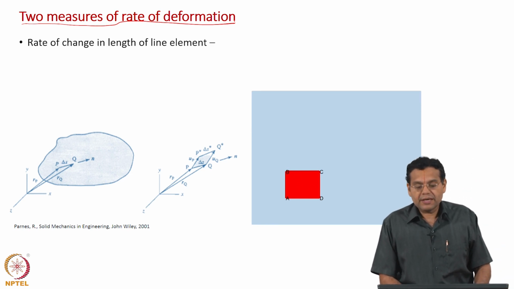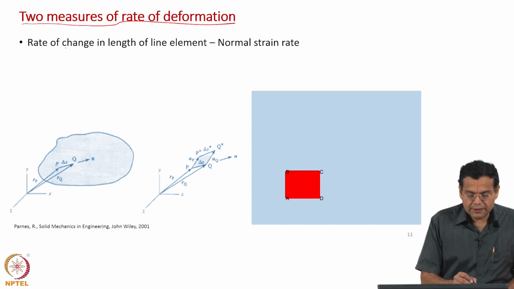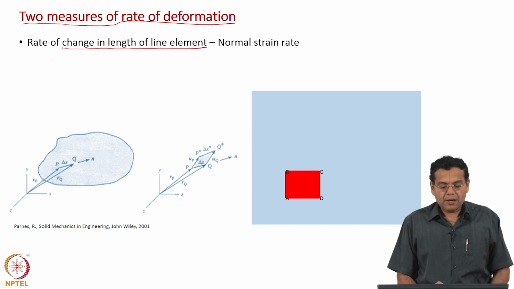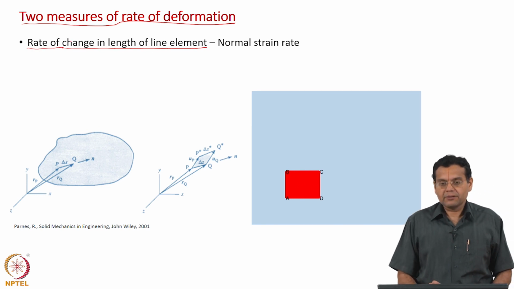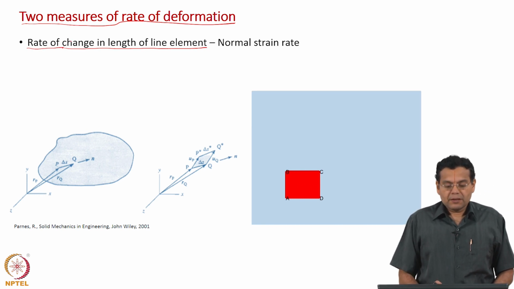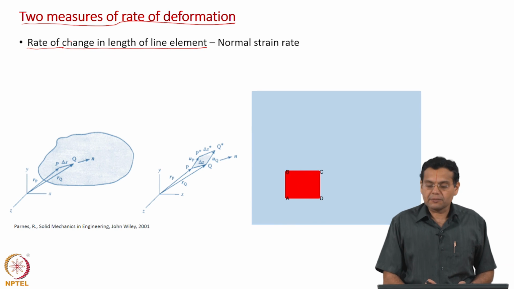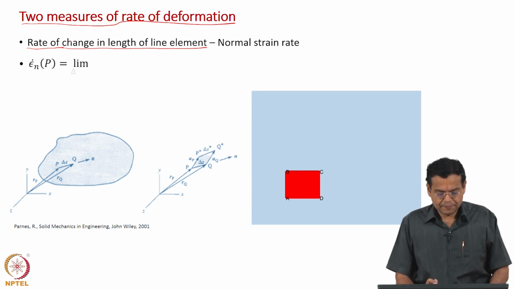So, how do we define normal strain rate? Earlier we have seen strain to be defined as change in length of line element. Now, it is rate of change in length of line element, of course normalized by the length. So, rate of change in length of line element is the normal strain rate. How do you express this formally?